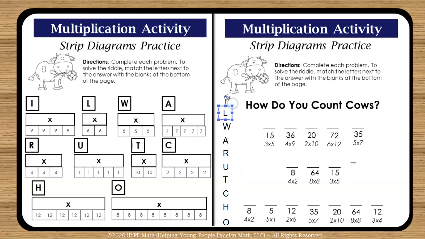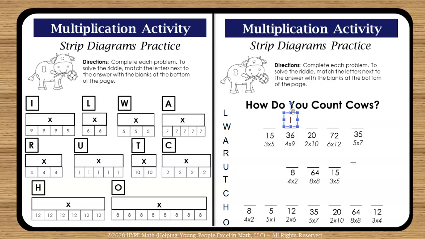I grabbed the L. Let me grab the I. This is what makes it interactive, because on their computer or their tablet, students are able to touch the letter and drag it to the correct space.